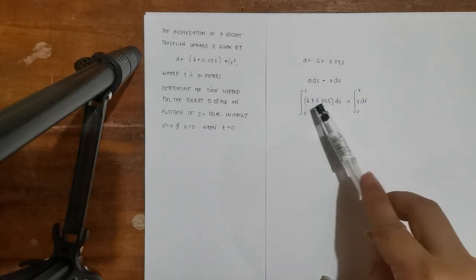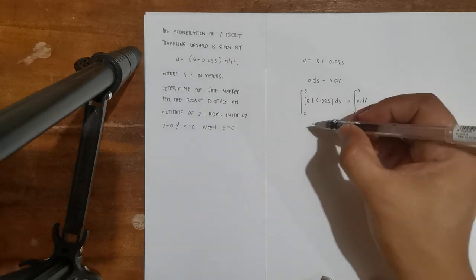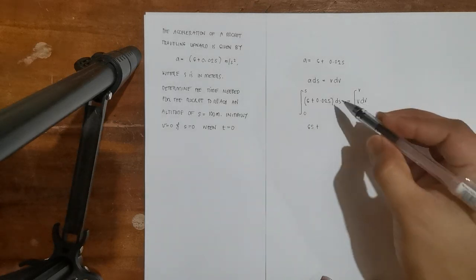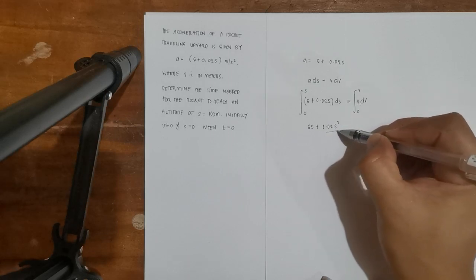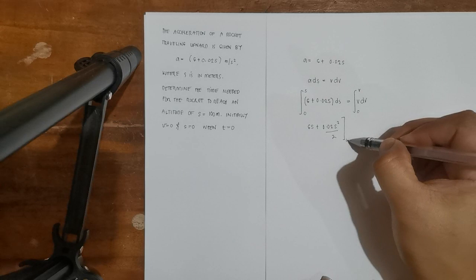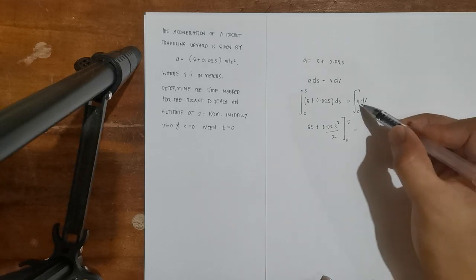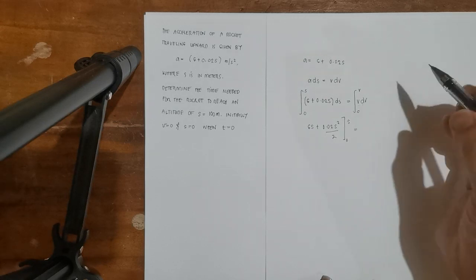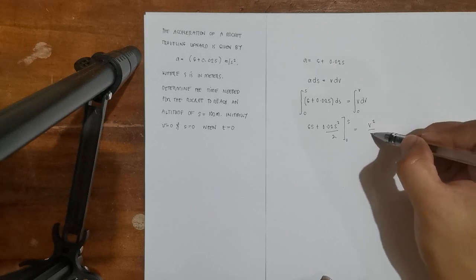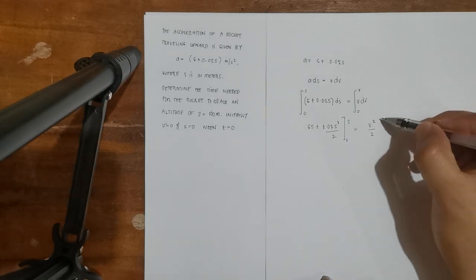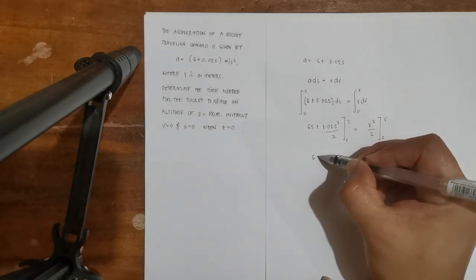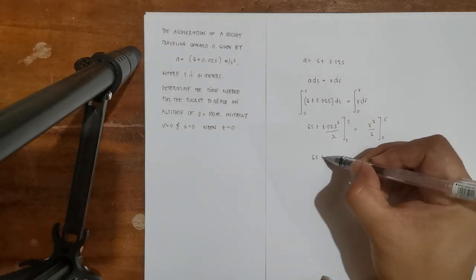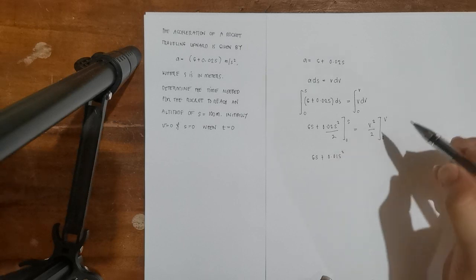So integrating, the integral of 6 ds, that is 6s, plus 0.02 integral of s ds, s squared over 2. So that is from 0 to s, equivalent to the integral of v dv, that is v squared over 2, from 0 to v. So simplifying further, this is 6s plus 0.01 s squared.